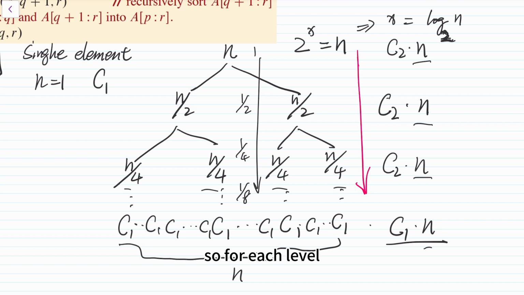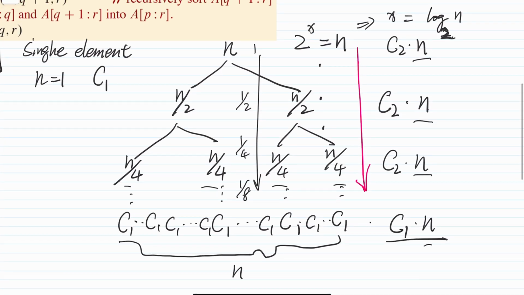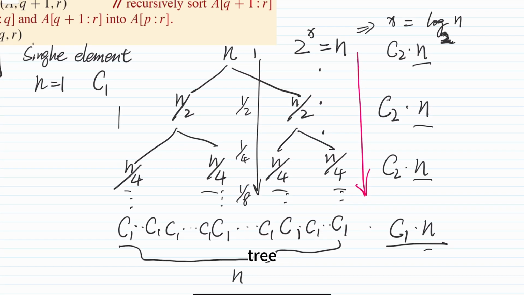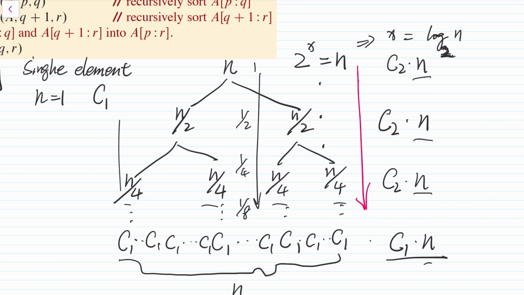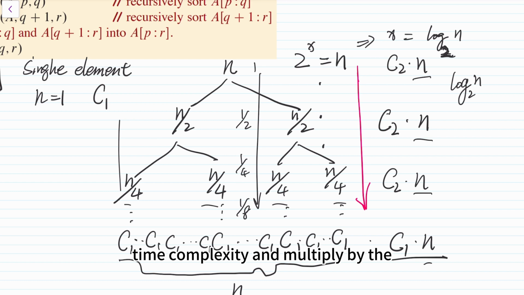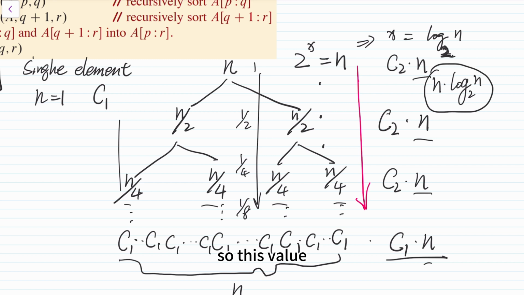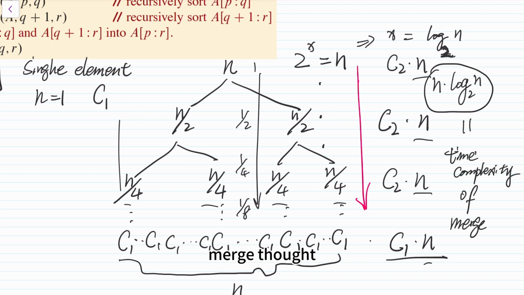Okay, so for each tree, we have log n time complexity multiplied by n for each level. So this value is the time complexity of merge sort.